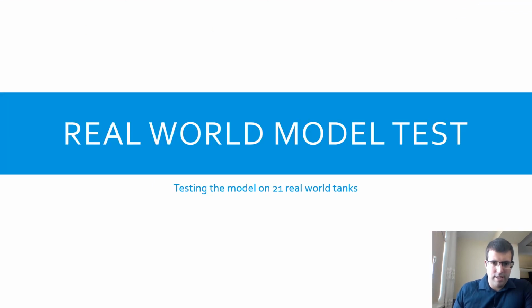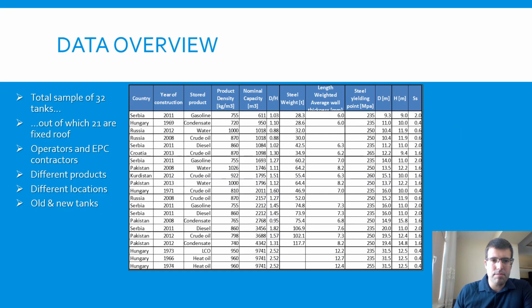And lastly, finally we wanted to test this model that was built to replicate real-world data. We collected a total of 32 tanks. However, of those 32, 21 were fixed roof. We collected them from different operators and EPC contractors that were willing to share the data.